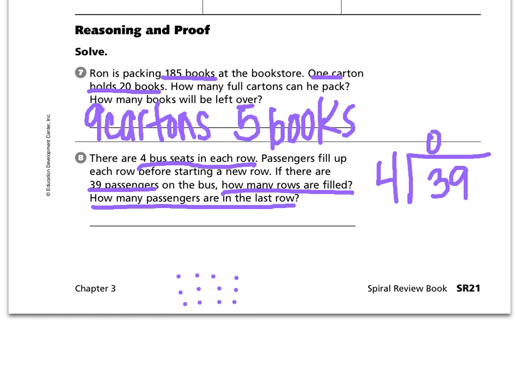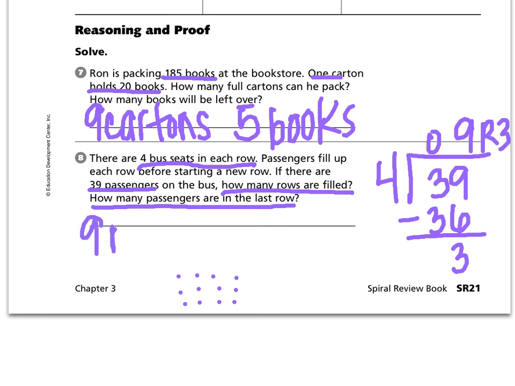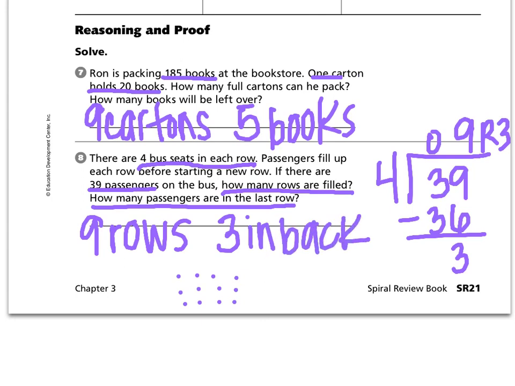I know that 4 times 9 is going to be 36. I can subtract and get remainder 3. So I know that there's 9 full rows with 3 people in the back row. You need to show your work so I know how you figured out the answer.